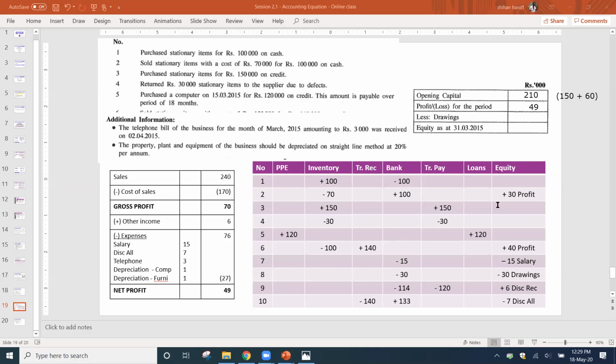And there was only one drawings, it was 30. Is minus. In the equity, 210 plus 49 minus 30, 220. Right.